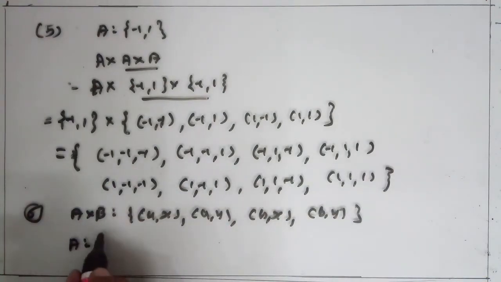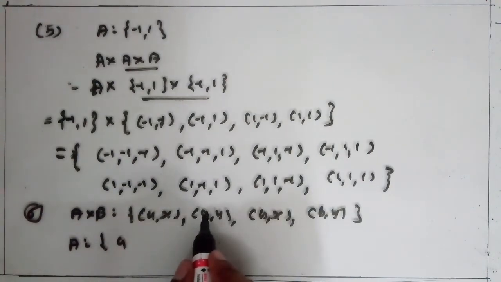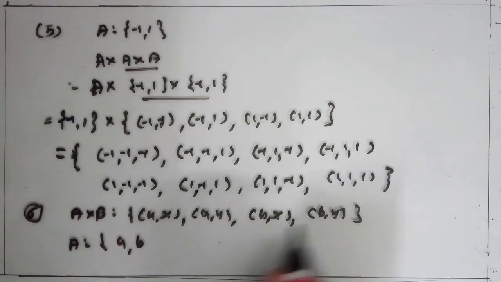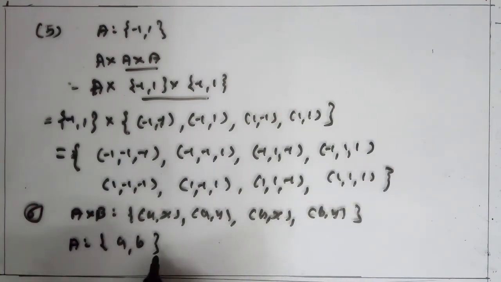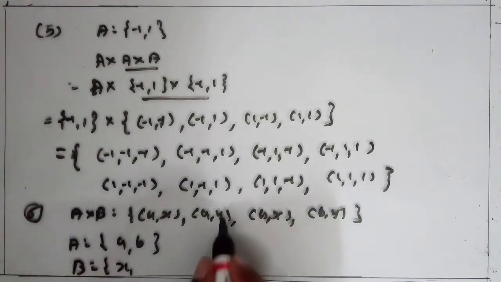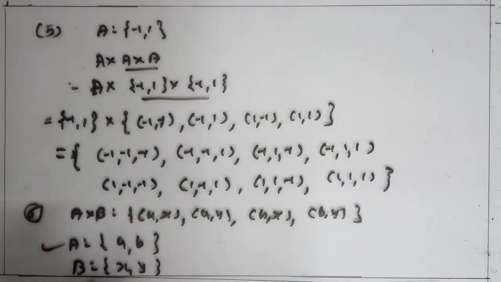So A has a, second time we get b, so set A is equal to {a, b}. Similarly, set B is the set of second entities, x, here y. Clear? So A is equal to {a, b} and B is equal to {x, y}.